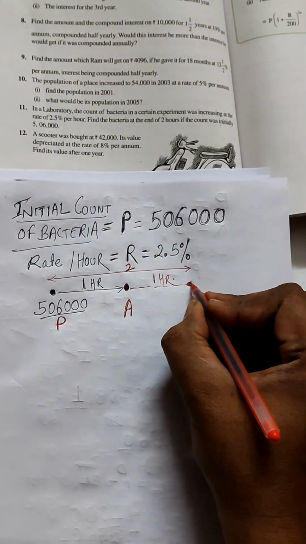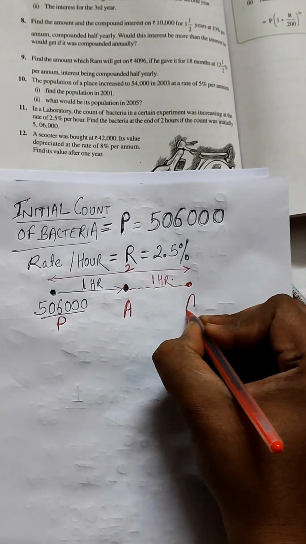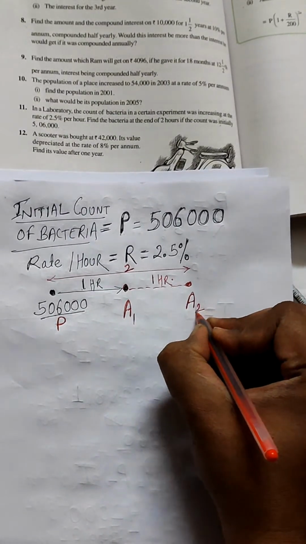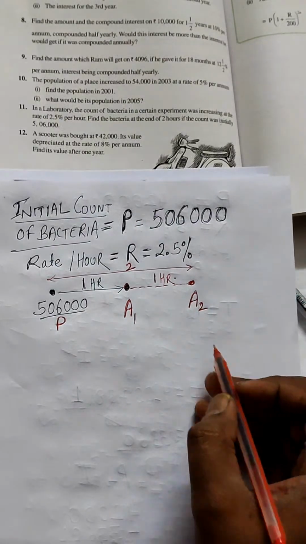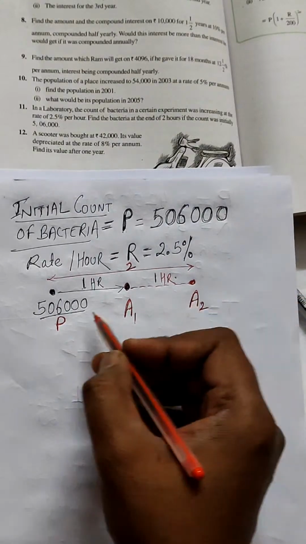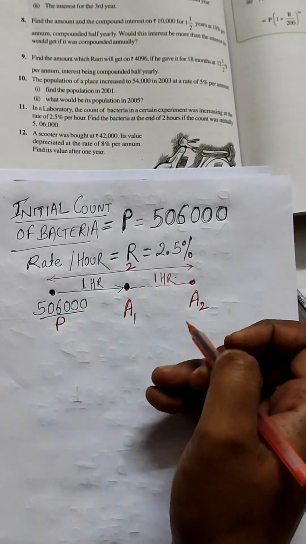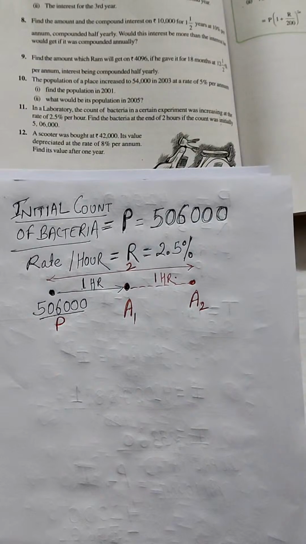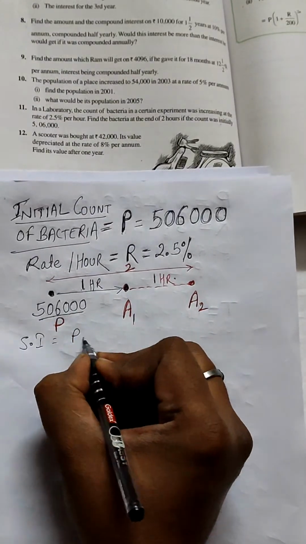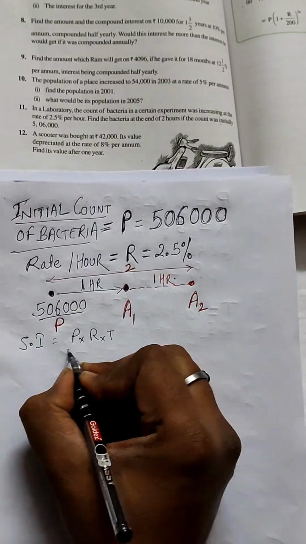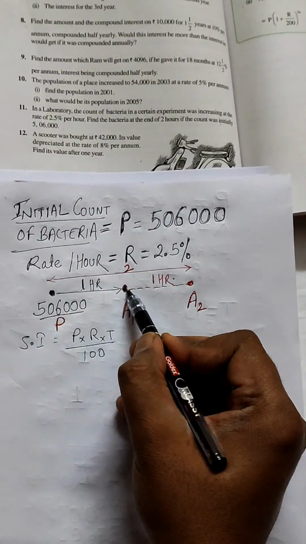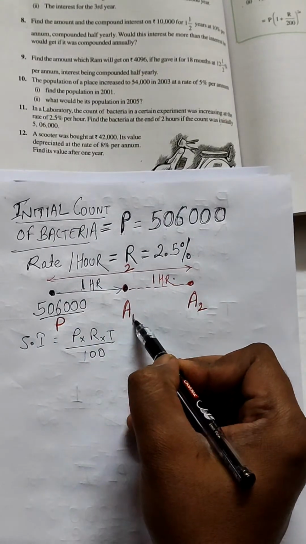We need to find this amount, so let's say this is A1 and this is A2. At the end of the second hour, the amount of bacteria will be A2, right? Now use the formula of simple interest, SI equal to P into R into T by 100, right? So after 1 hour, the count of bacteria will be A1.